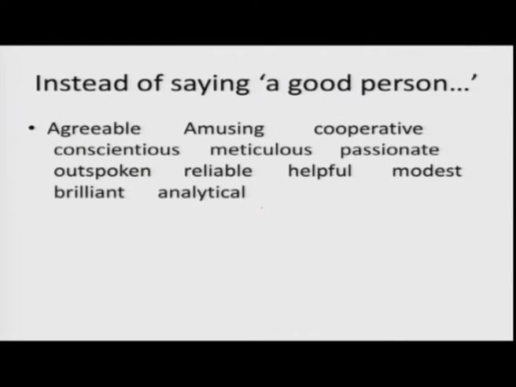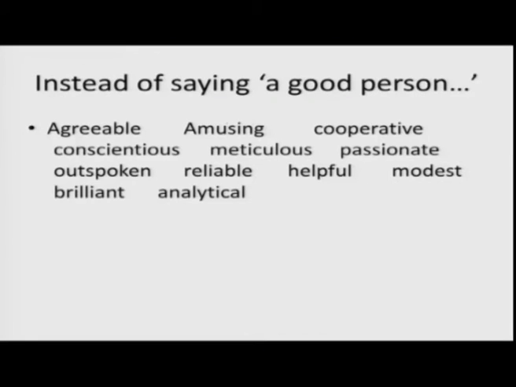Say, for example, agreeable means the person is not very quarrelsome, and you can reach some agreement with that person. Amusing, it is actually fun to be with that person. Then outspoken, so does not hide anything and talks in a very eloquent fashion, and so on. So, being more specific is very important for good descriptive writing.